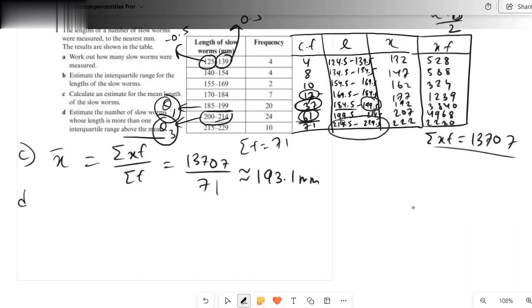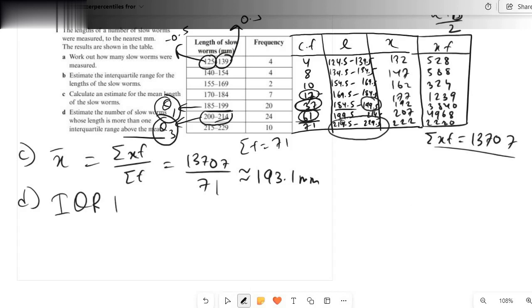For number D, we have to estimate the number of slow worms whose length is more than one interquartile range above the mean. So what it means is that we have to find the value of this length, and then using interpolation and the cumulative frequency table, we have to find out how many have that specific length and then subtract it from the total. So let us first find the value, which is going to be 1 IQR above the mean.